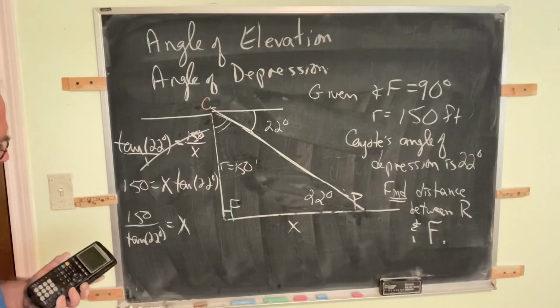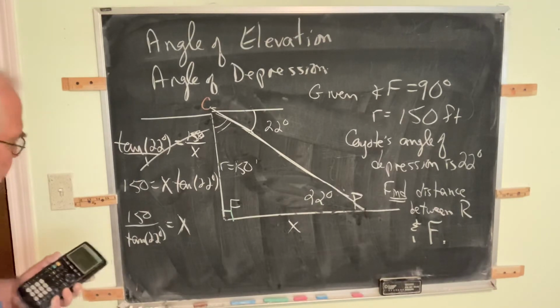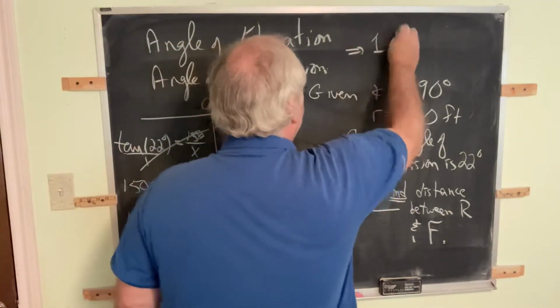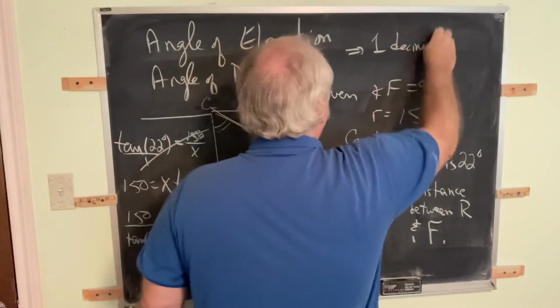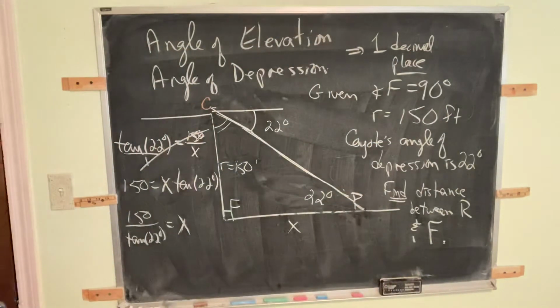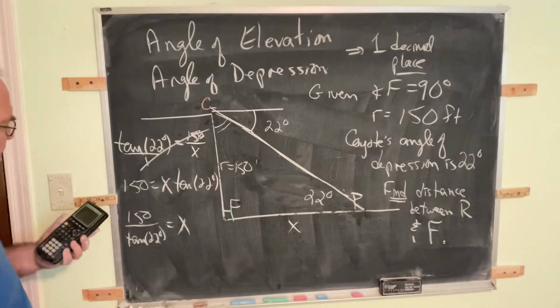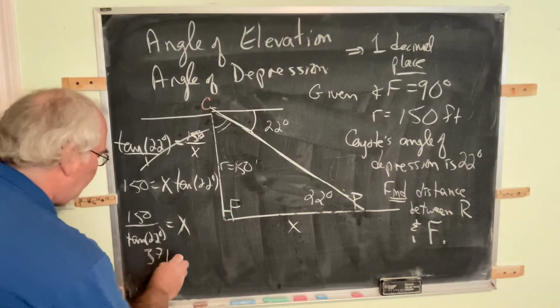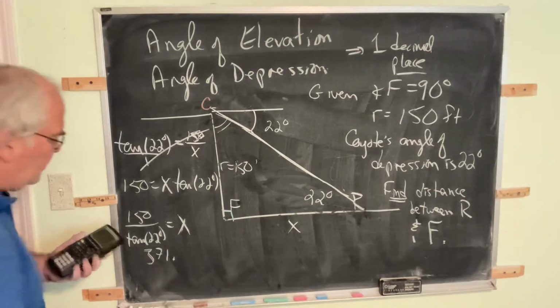And I have 371. Oh, I didn't tell you how many decimals. Let's suppose we want 1 decimal place. So we have 371 point, this says 263.